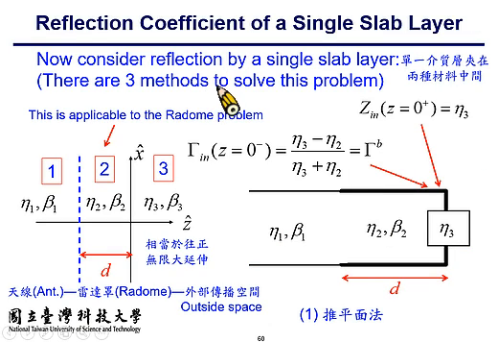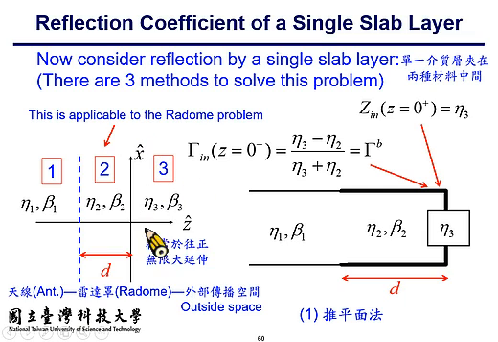And so let's make our life a little bit harder. Let's make the problem a little bit more interesting. In the previous slide, we have 2 media. Here we have 3 media. To make it a little bit easier, we have one material sandwiched between 2 materials.